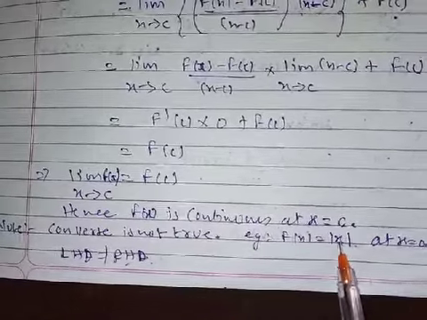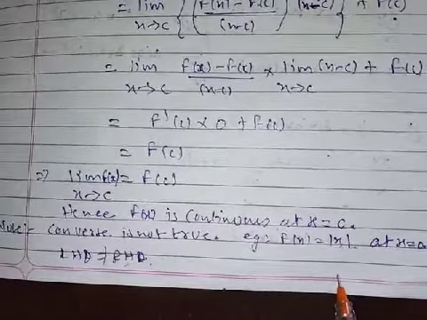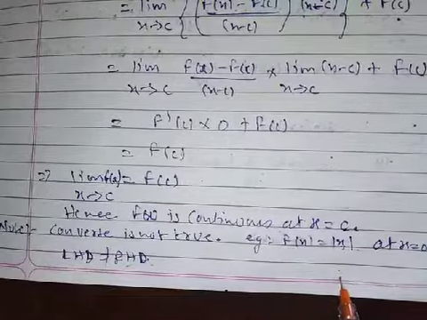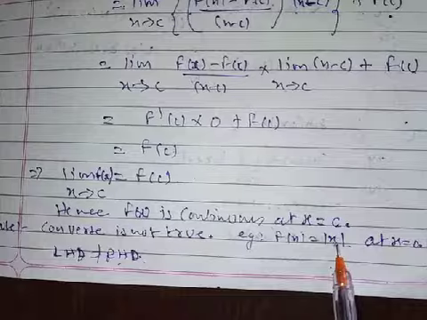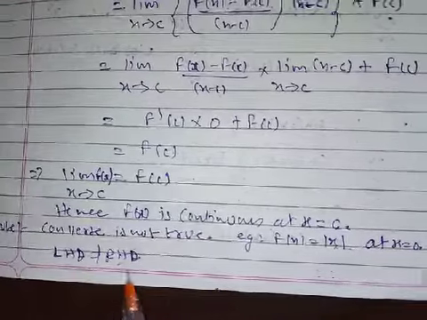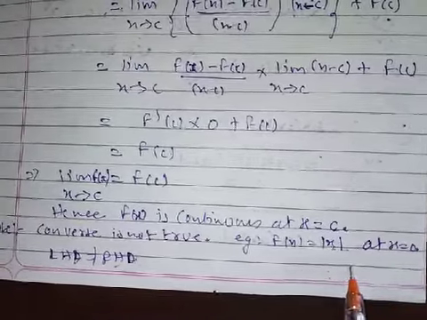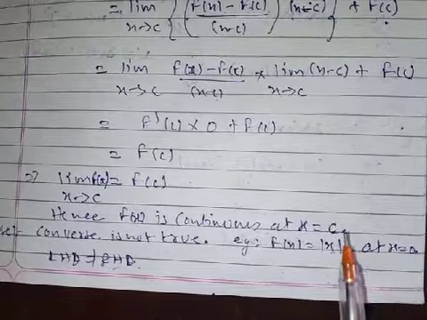So one will get the answer minus 1, another will get the answer plus 1. So the function will be continuous at x is equal to 0, but it will not be differentiable. By using this formula I can say.